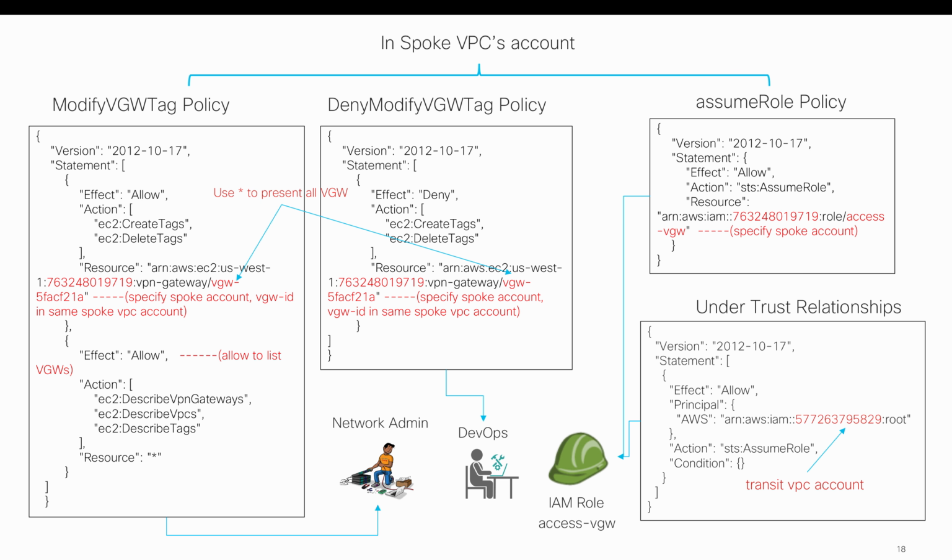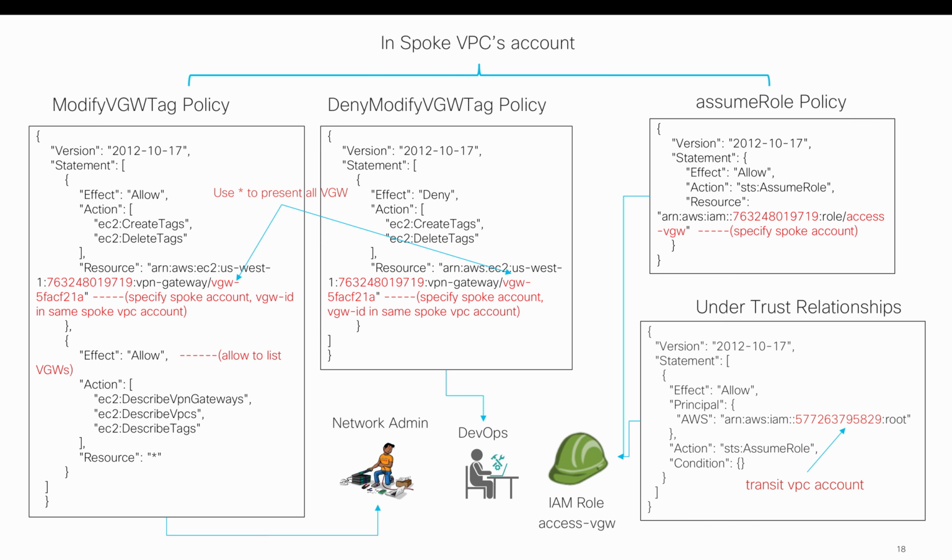And in this case, you're going to create the access VGW IAM role, and you're going to attach an assume role policy. And in that policy, you also specify the spoke's account and also the access role, the IAM role.